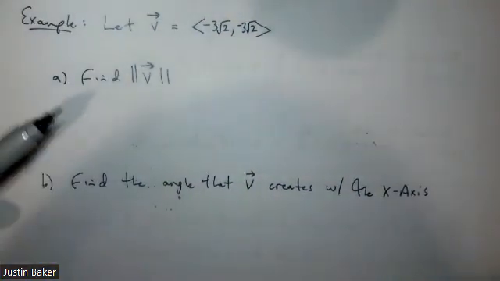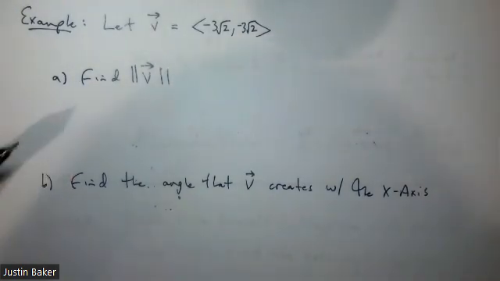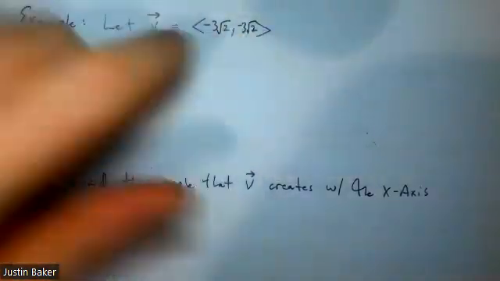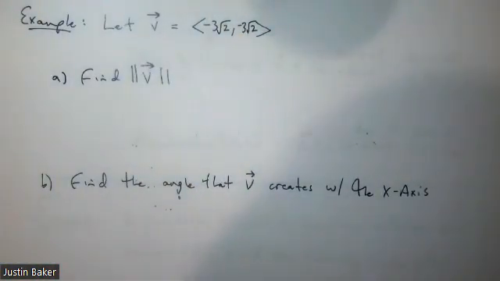You're finding the magnitude for vector v, and then we want to find the angle that v creates with the x-axis. So see what you can come up with. I see two negative pieces to that component form, so that should be a specific quadrant, hopefully. So take a couple minutes and we'll talk.